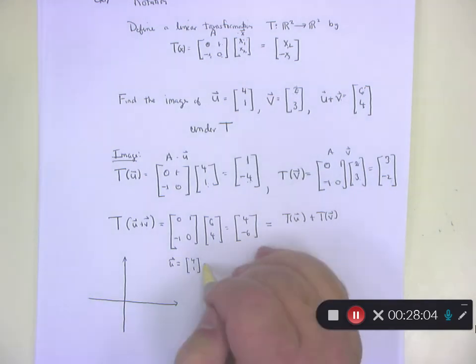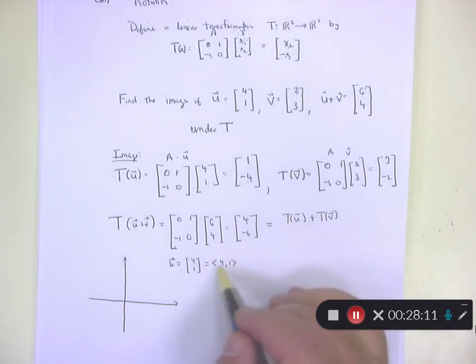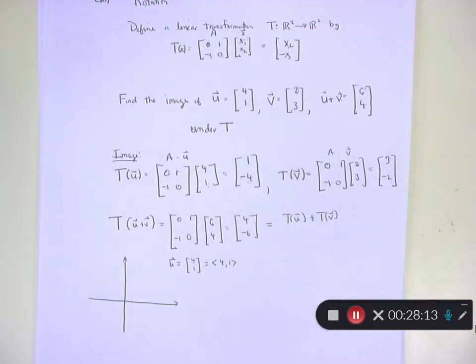I could also write this as a little pointy bracket, <4, 1>. I can write it as a column vector or a row vector. It's just a vector, okay? So these are equivalent, just a little notation, but sometimes it's easier to write it in brackets, <4, -1>, because it takes up less space on paper.